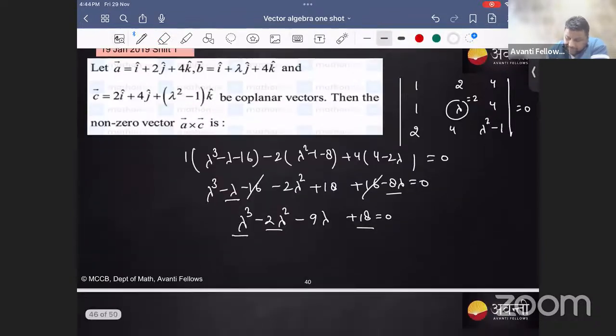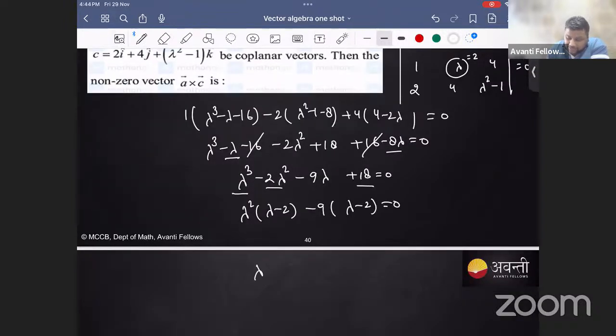Now it's fine. If you take lambda square common, I get lambda minus 2. Take minus 9 common, I get lambda minus 2 equal to 0. So you get lambda square minus 9 into lambda minus 2 equals 0. Got it? So the 3 values of lambda I obtained are 2, 3 and minus 3.